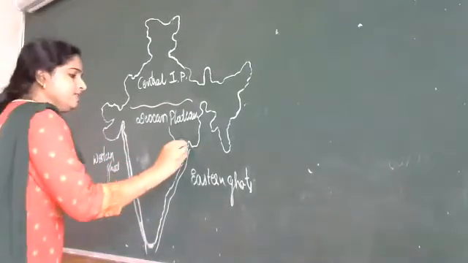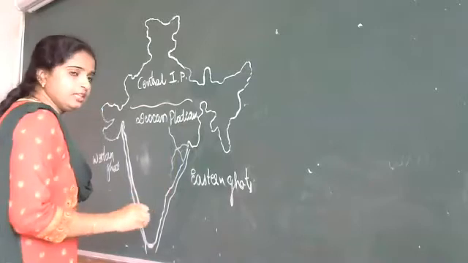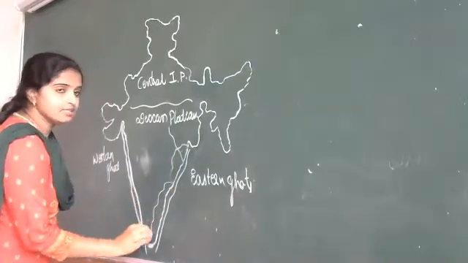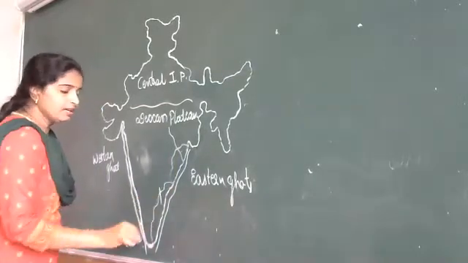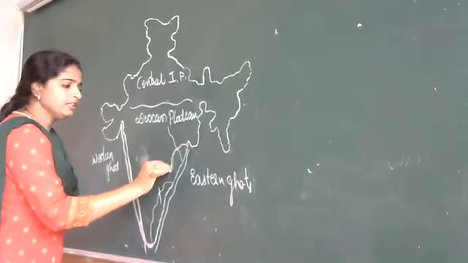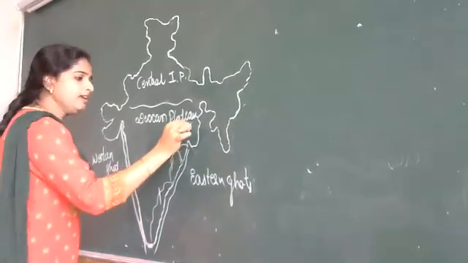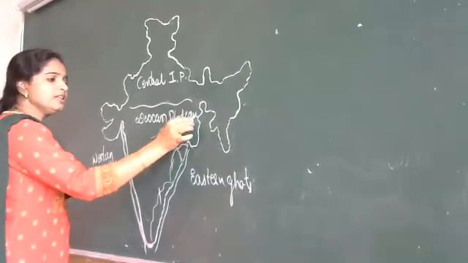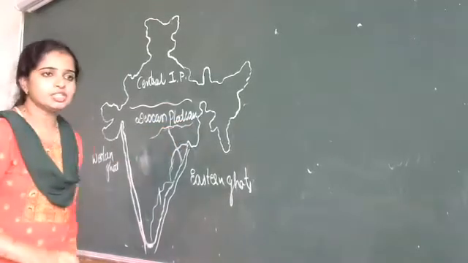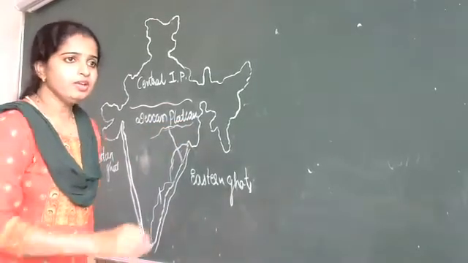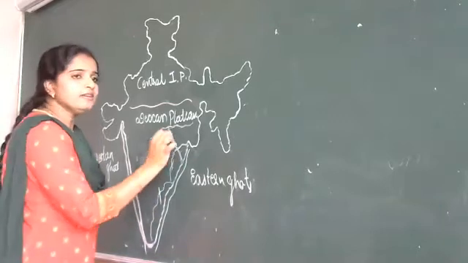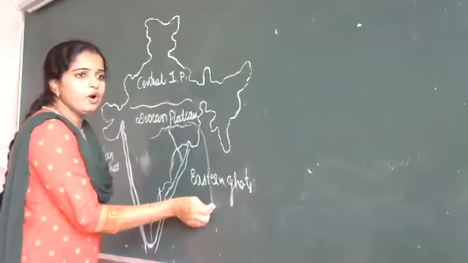Here we can see this place is Andhra Pradesh and this is Tamil Nadu. Here the Kaveri river is there, and in Andhra Pradesh Godavari, and in this part we can see the flow of river Krishna. Okay, finally all three rivers drain into the Bay of Bengal.